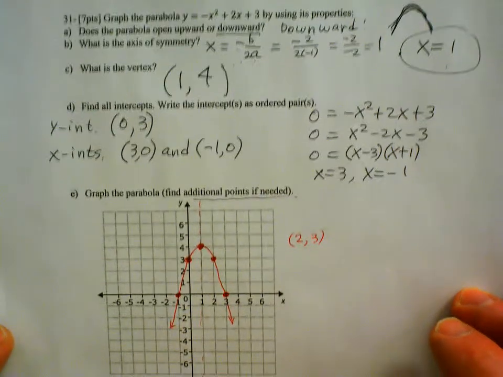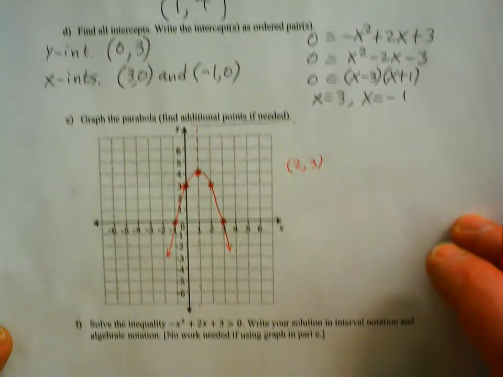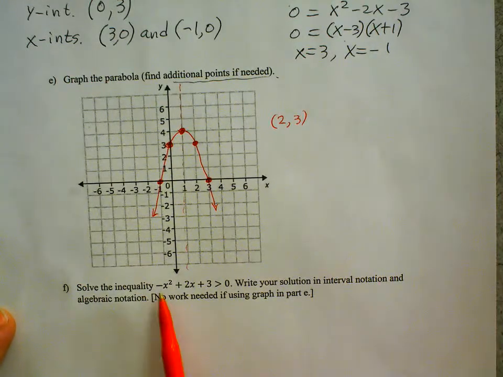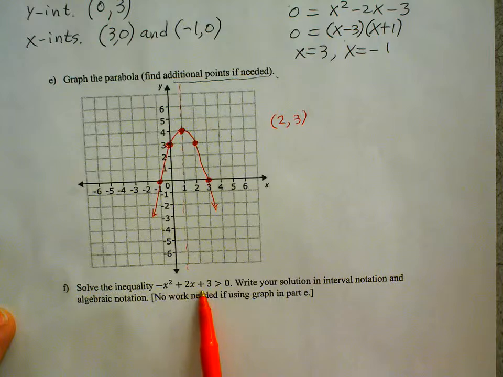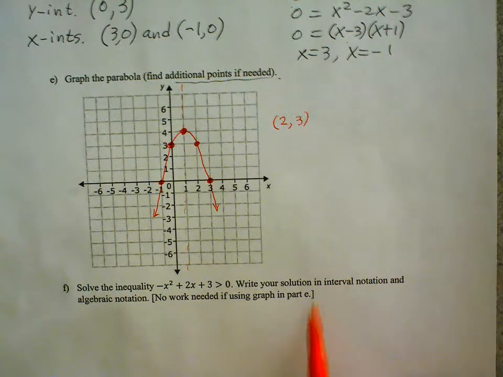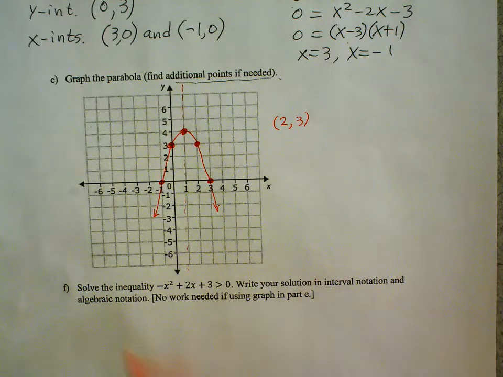Okay, in part F, it says solve the inequality -x² plus 2x plus 3 is greater than 0. And write the solution in interval notation and algebraic notation.